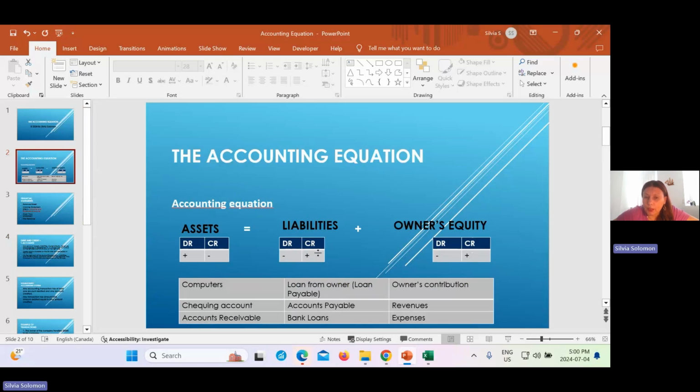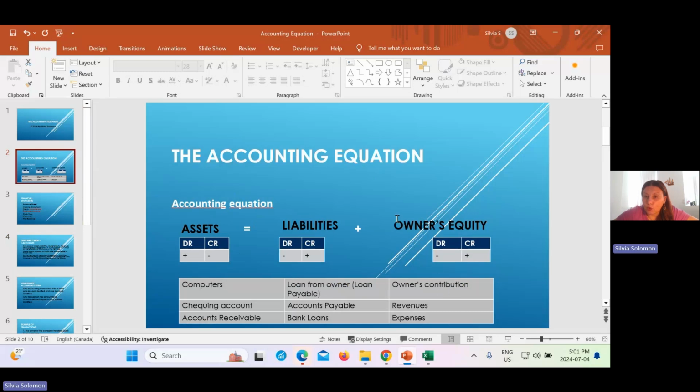And if I pay the loan, my debt decreases and I have to debit the account. Same thing for accounts in owner's equity. For example, owner contribution, okay? If the owner puts money in his company, then I have to credit the owner contribution.